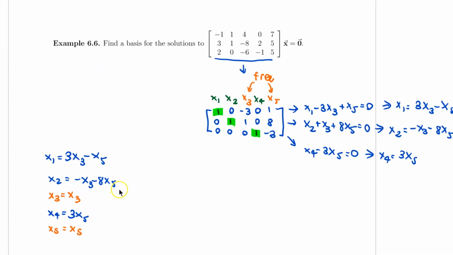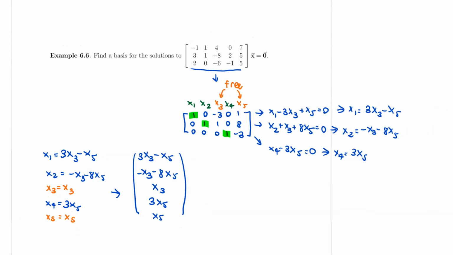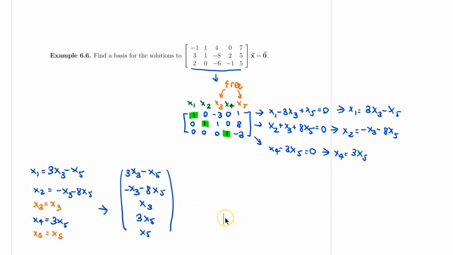So from here, I can just rewrite this in vector form. It's going to be 3x3 minus x5, and then negative x3 minus 8x5, and then x3, 3x5, and then just x5 here. Now, let me rewrite this general solution in vector form by separating x3 and x5 from each other.